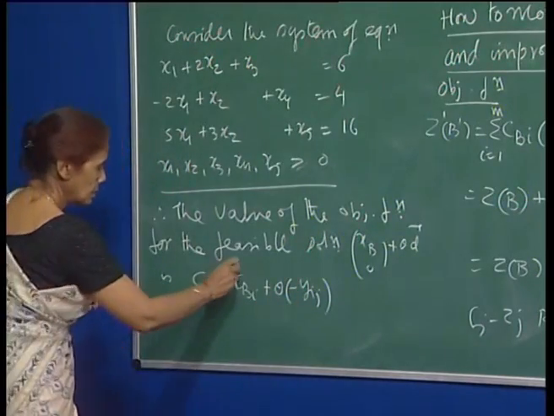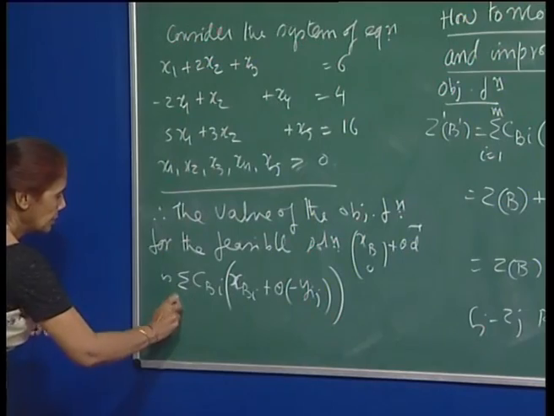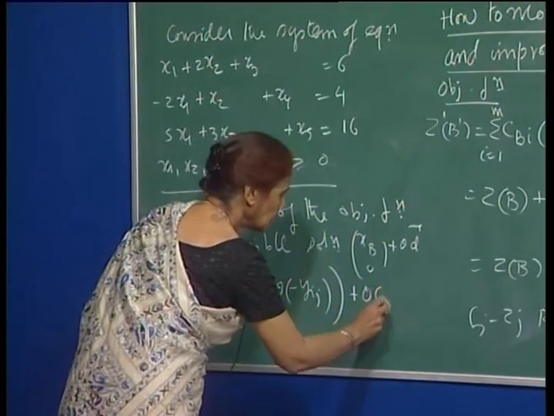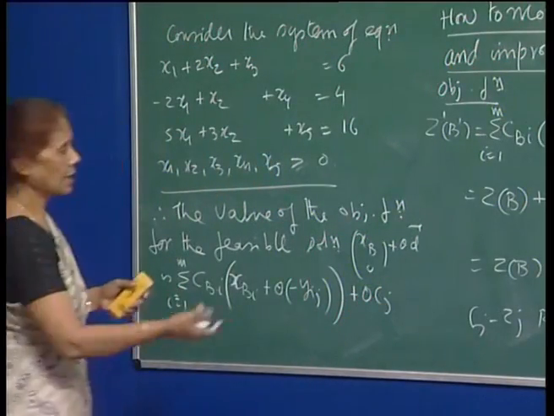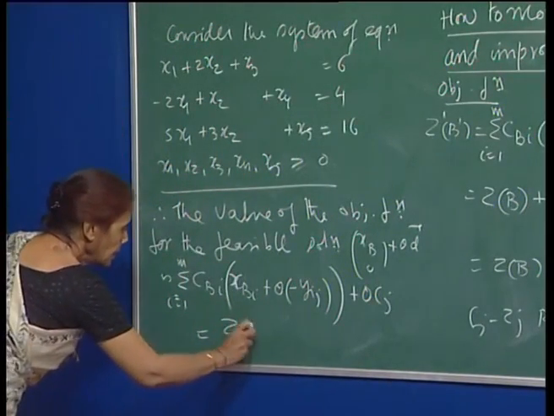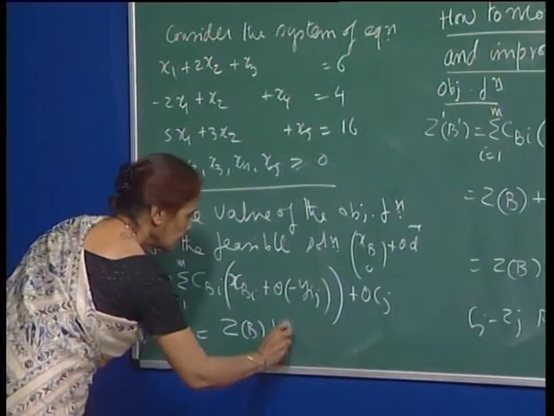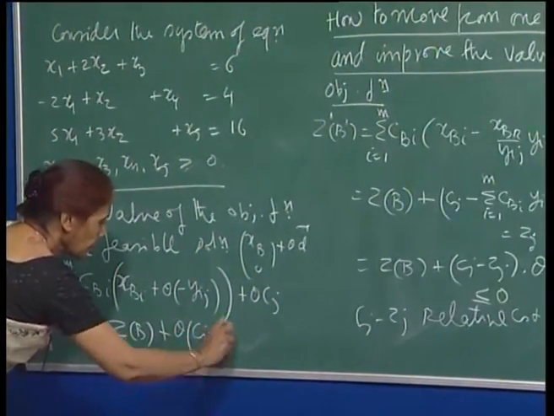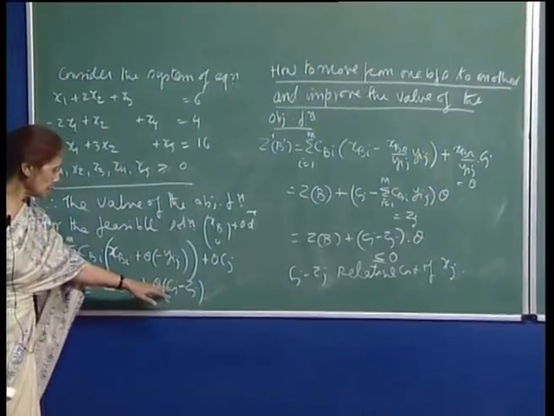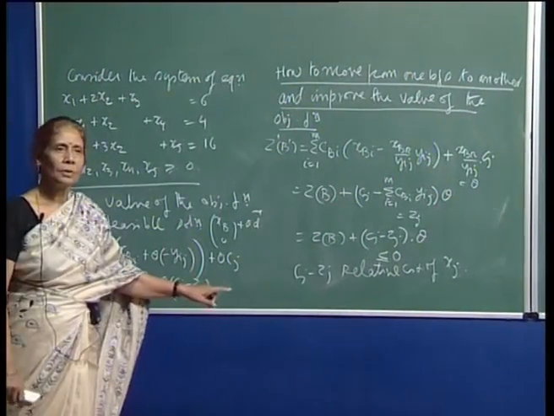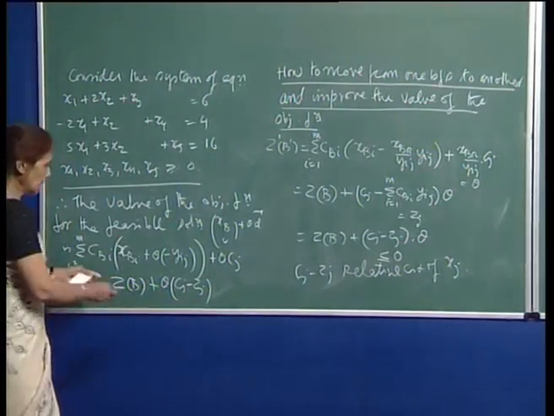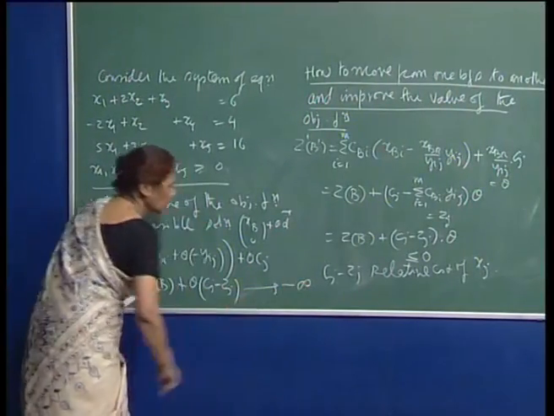So, this whole thing, summation I varying from 1 to m, the same expression actually, plus theta Cj. So, this becomes Zb plus theta times Cj minus Zj, the same expression. The only thing is that now Cj minus Zj is less than 0 and theta can take any positive value. So, you see that this can be made to go to minus infinity.